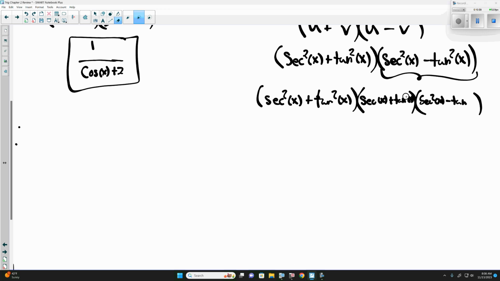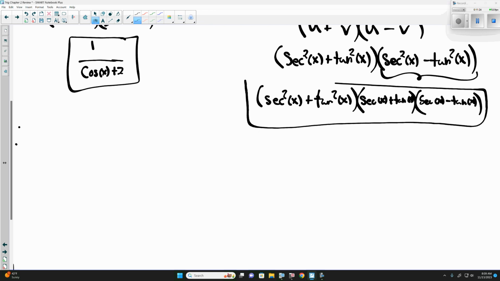When we do the difference of perfect squares on secant squared minus tangent squared, it should be secant plus tangent times secant minus tangent. So the completely factored form of secant to the fourth minus tangent to the fourth is secant squared of x plus tangent squared of x times secant of x plus tangent of x times secant of x minus tangent of x. Questions on this here?